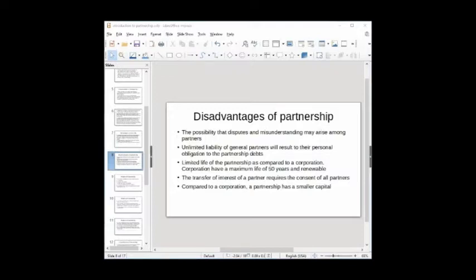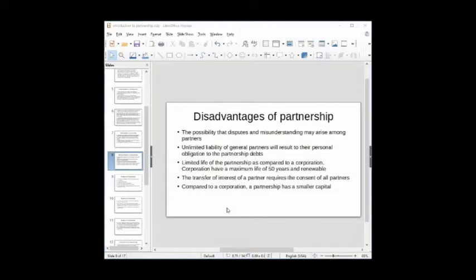For disadvantages, one is the possibility that disputes and misunderstandings may arise among partners. Another disadvantage is the unlimited liability of general partners, which will result in their personal obligation for the partnership debts.